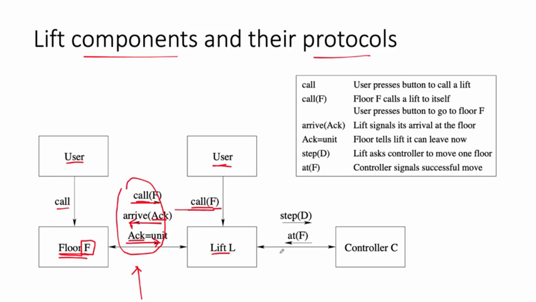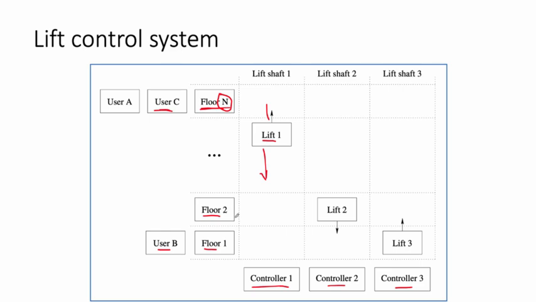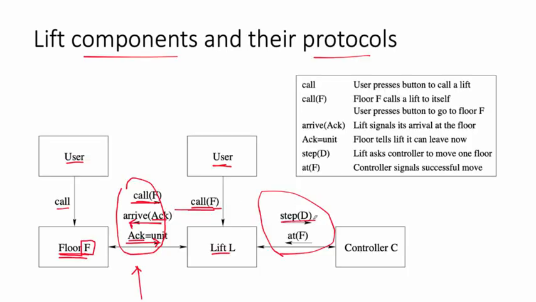And then the final protocol is the controller protocol. The controller, the motor, actually makes the lift go up and down one floor at a time. So we model this in a simple way. The lift sends a step message with a destination floor to the controller.